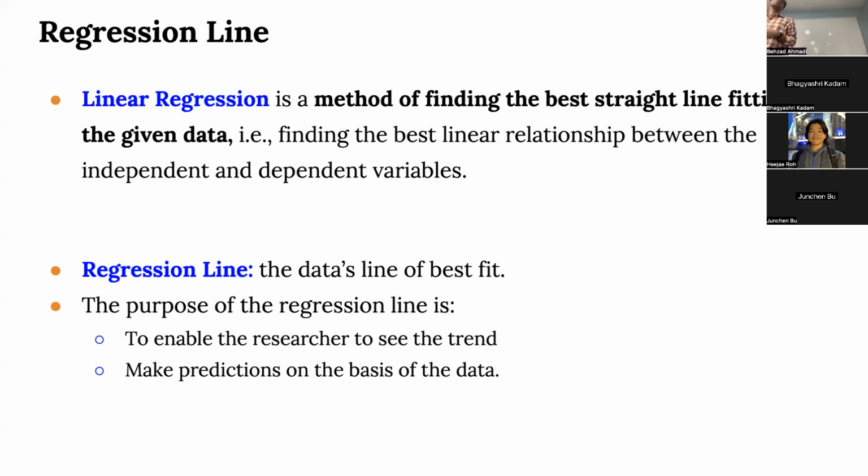What the best line is, is a question to be answered. What is the best line? But the goal here is to find the line that you can use for future predictions. The best thing still remains to be answered.